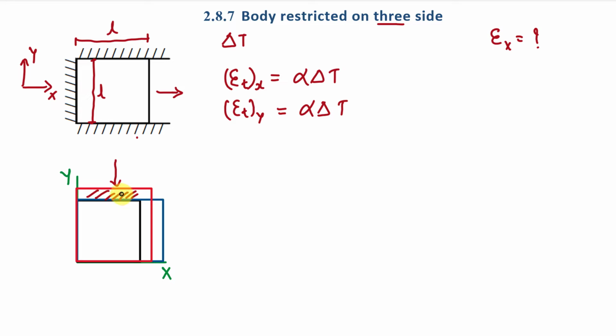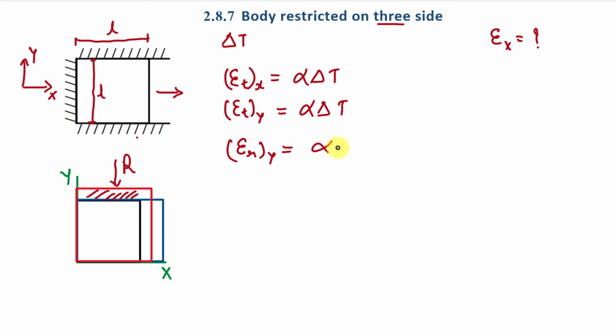So this deformation, or we can say this strain, is due to this reaction. And let's say here strain in y direction is epsilon r y, means strain due to this reaction R. And from this figure we can understand that value of this strain will be equal to this strain, which is strain due to temperature difference delta T in y direction.